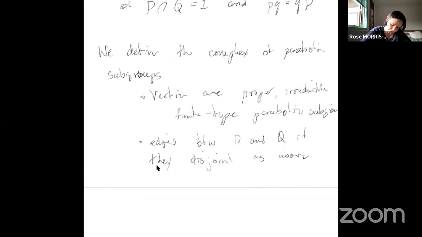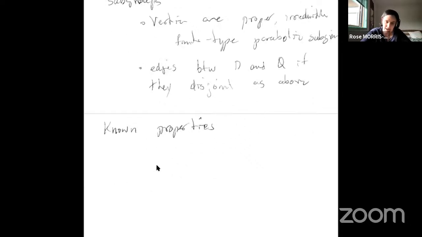So some known properties that these have. Why do we think this is a good candidate complex, our potential analog of the curve complex? We have that the group acts on the complex the same way the mapping class group acts on the curve complex.